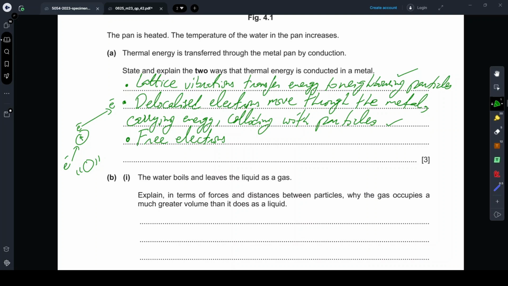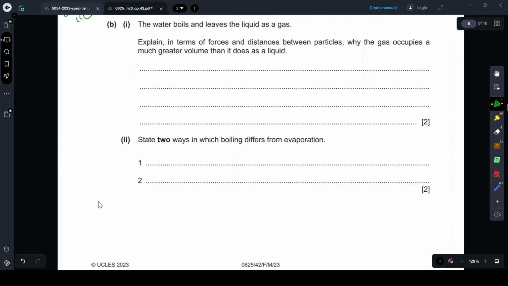So you can detail both of them. Give a bit of detail for this, give a bit of detail for this. That should work. So in case of doubt, give a full response.